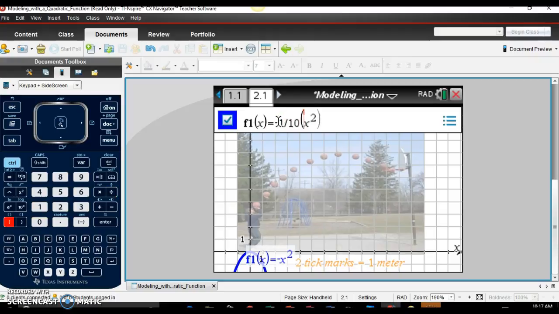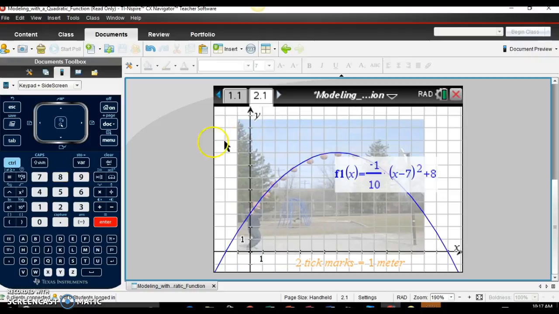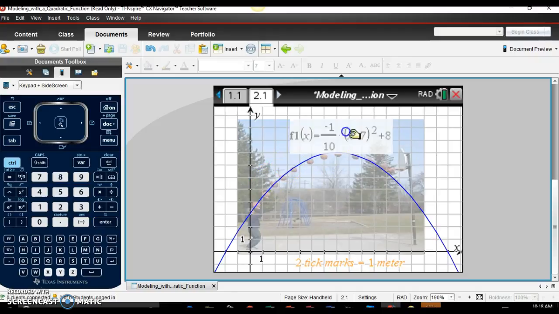This is what I found, although there are several variations and some that could be a little bit closer. This is the one that I was pretty satisfied with, and I have it in vertex form. When I hit enter, I can see that it traces the ball's path fairly well.